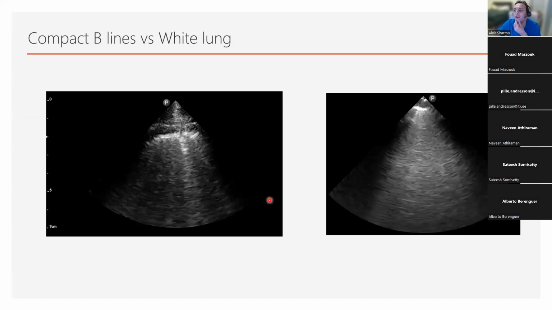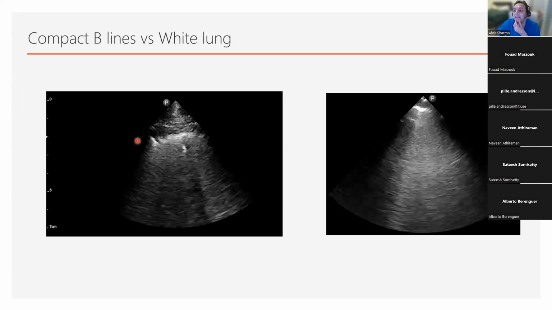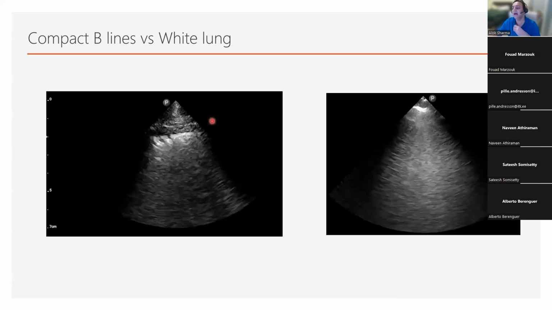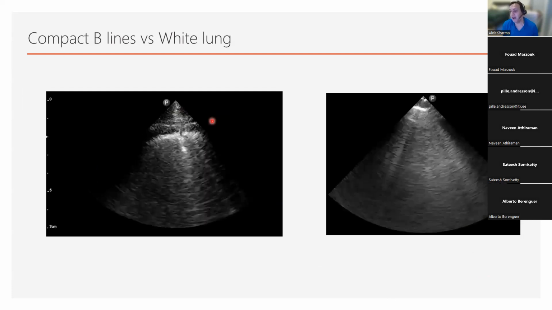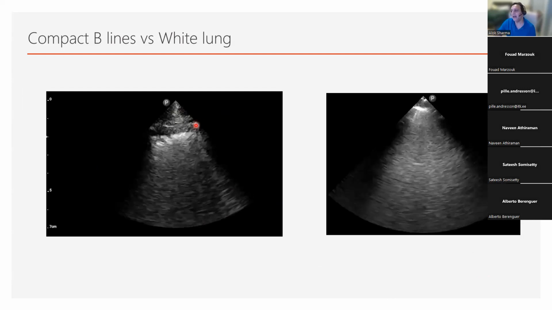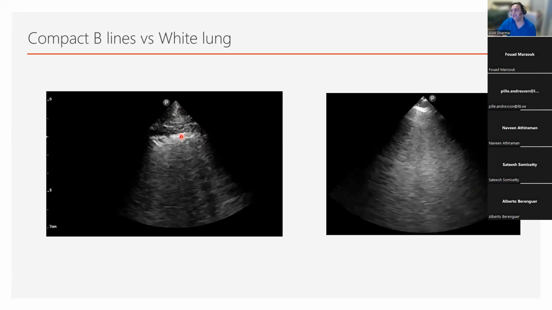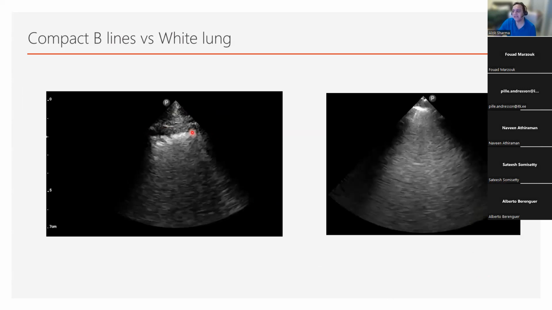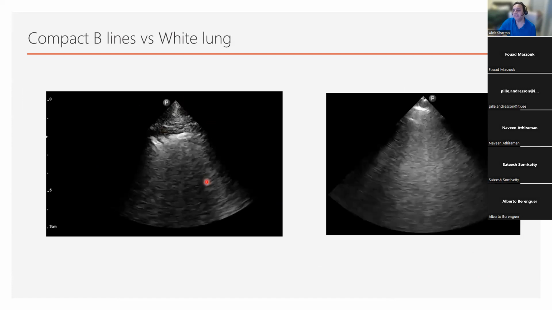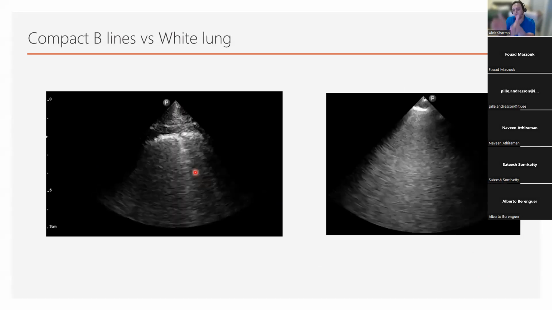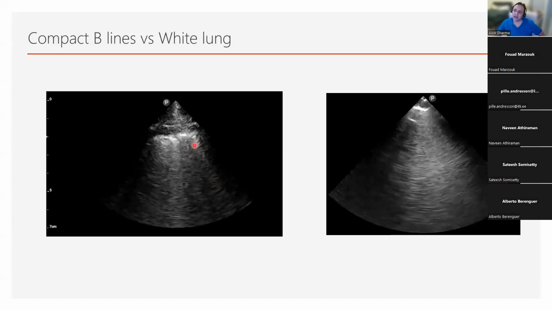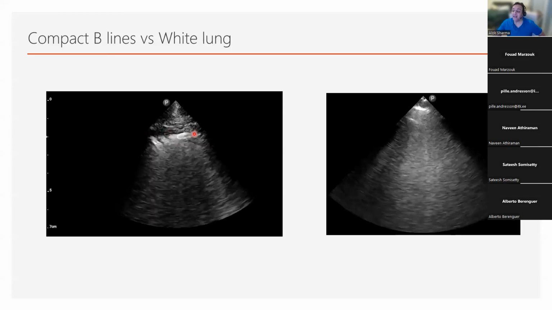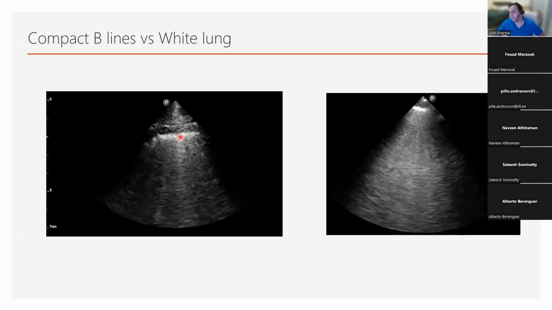And this is what compact B-lines appear like when you use a sector probe. So if you used your cardiac probe, again, you can see the challenge with using the cardiac probe is that the pleura is very poorly visualized because the sector probe tends to focus on a regional area. And the challenge then is it can make sliding and the appearance of the pleura look quite different.